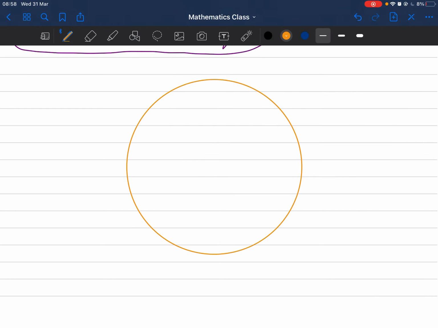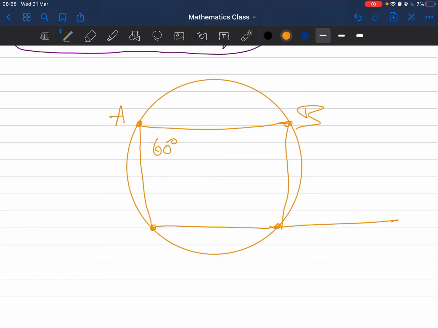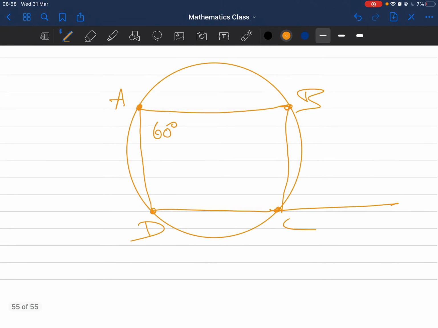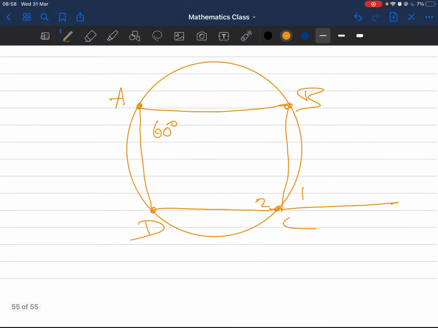A circle with a quad, and then we have this extended. Guess what? This is 60 degrees. And then you're told ABCD is a cyclic quad, and they want you to find C2 and C1.